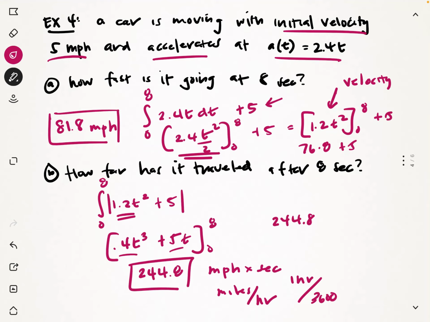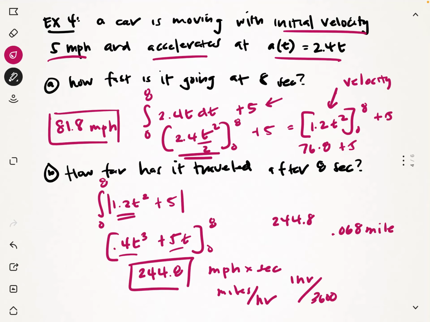And if we divide that, that should give us our miles. So 244.8 divided by 3600 is 0.068 miles.